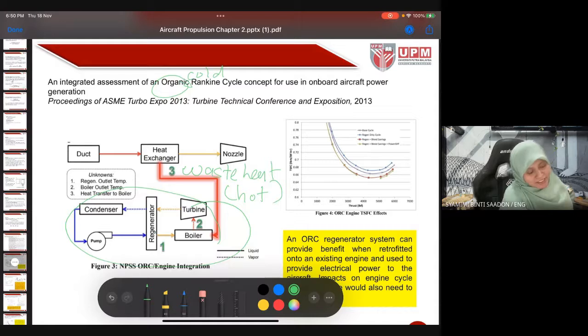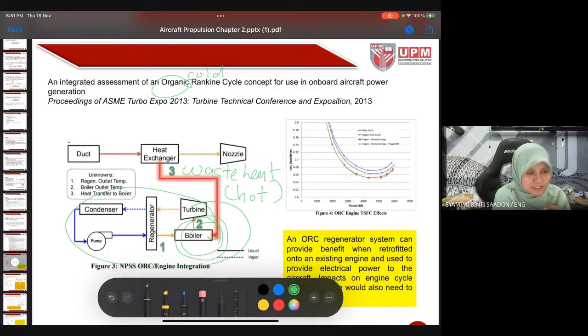So this waste heat from the heat exchanger will exchange heat with the organic fluid in the organic Rankine cycle within the boiler or evaporator, and this organic Rankine cycle will produce extra power.